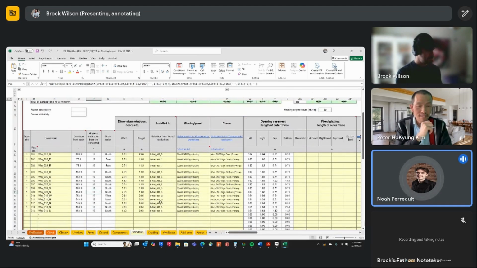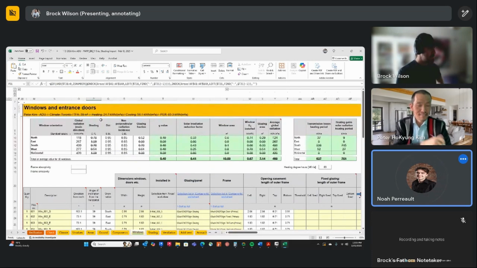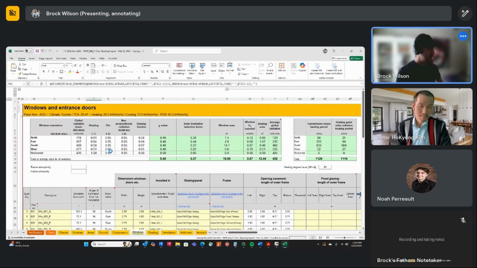Yeah, exactly, all the openings. It's split up between the fixed windows and the operable. So say you have one window on your drawing, it's actually split into two in the PHPP, because the fixed versus operable have slightly different frame values. So we have to physically model them separately, even though it's one unit that has both a fixed unit and an operable unit.